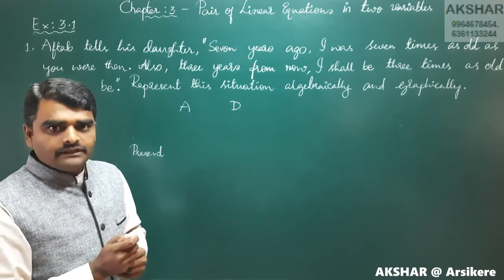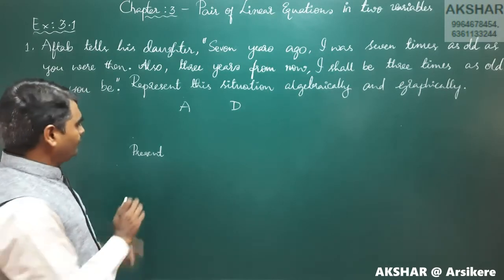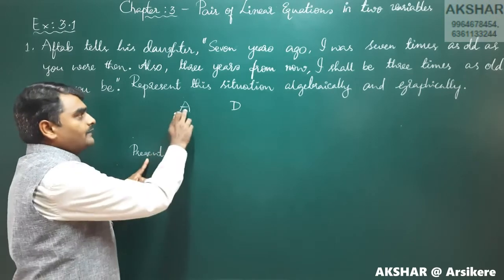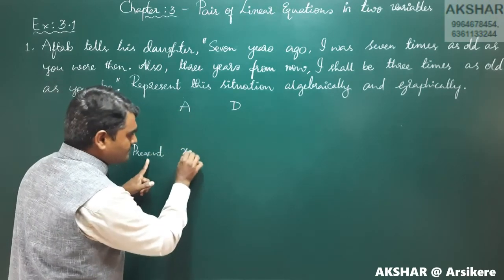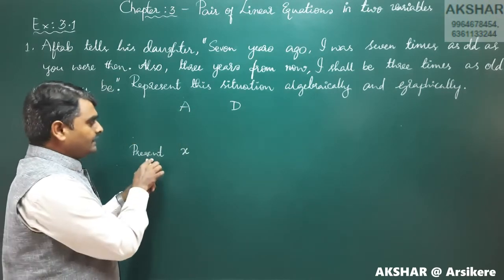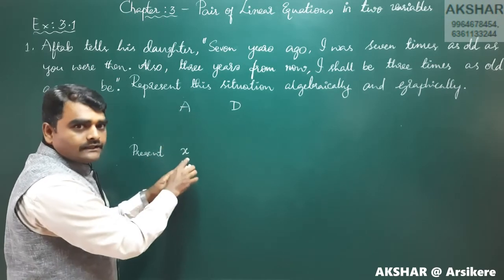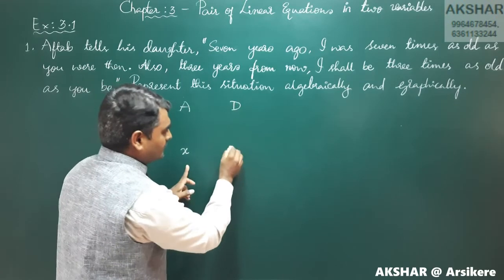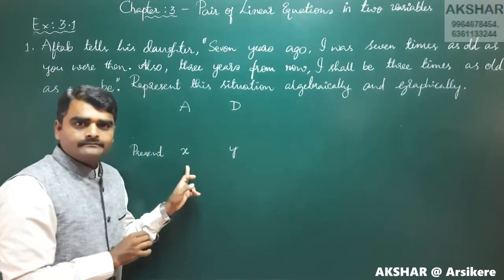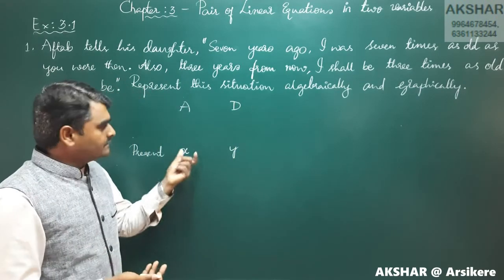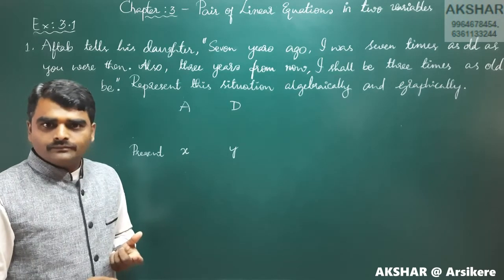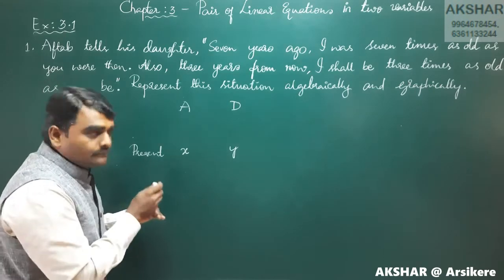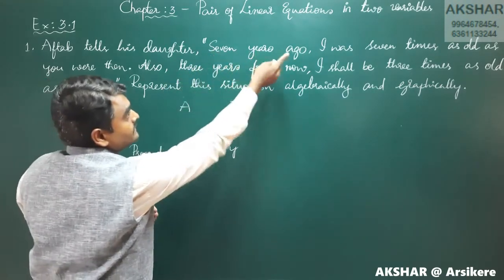Let us assume the present age of Aftab is x years, and the present age of his daughter is y years. Now come to 7 years ago.